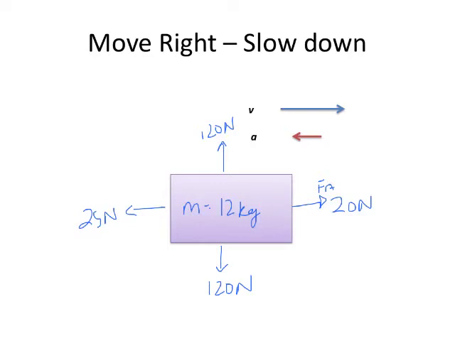Okay? If you notice, your velocity vector still matches the direction you're moving in, but the acceleration vector now has flipped. It will always point towards the higher force, because it's the force that determines in what direction you are accelerating. Are you slowing down, therefore accelerating to the left, or are you speeding up, accelerating to the right? Okay?